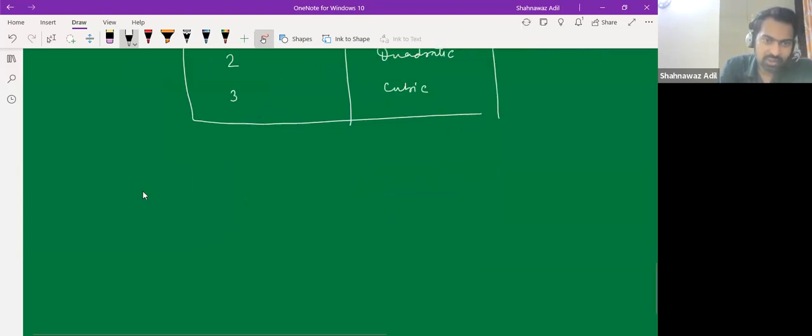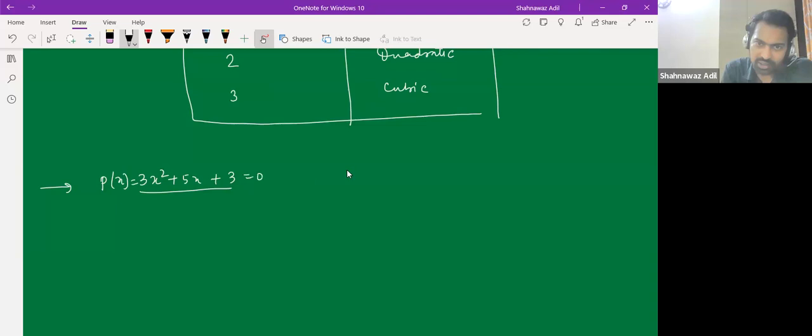Okay, so the next thing is about the solution. Let's say we have a quadratic polynomial, 3x square plus 5x plus 3. This is a polynomial, and if I put the polynomial equal to 0, then this would be called an equation.